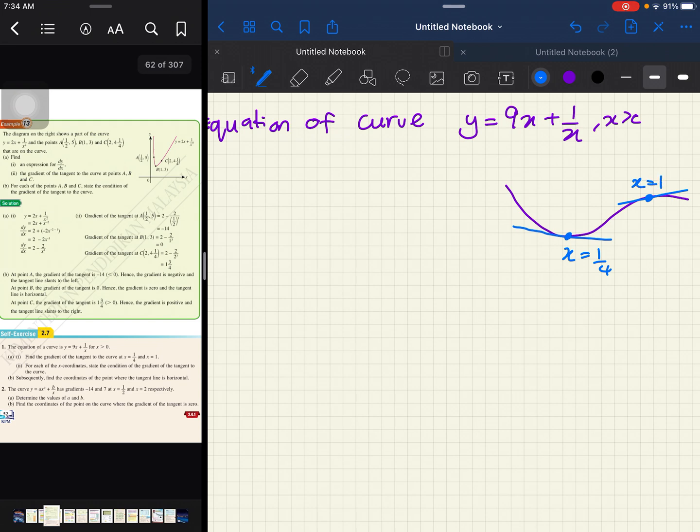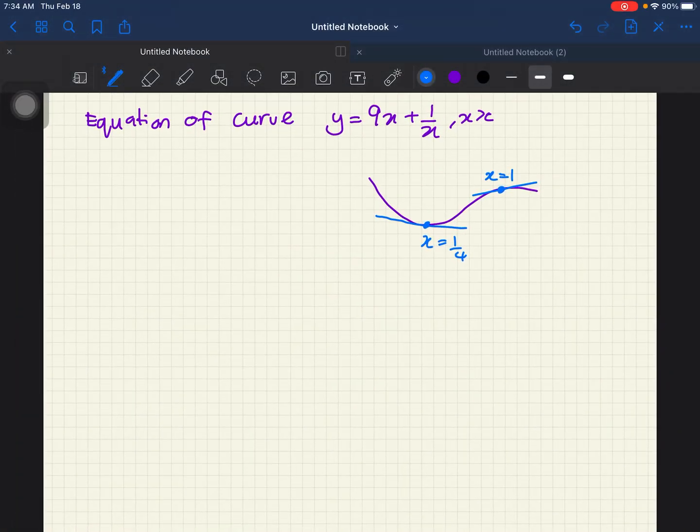Dia touch pada x sama dengan 1. So dia suruh kita cari apakah gradient dia ataupun kecerunan straight line itu. Okay, so let's do this together. Okay, ini I cuma anggarkan saja. I tak tahu macam mana bentuk dia. I imagine. Okay, first thing first, you have to find the dy dx.